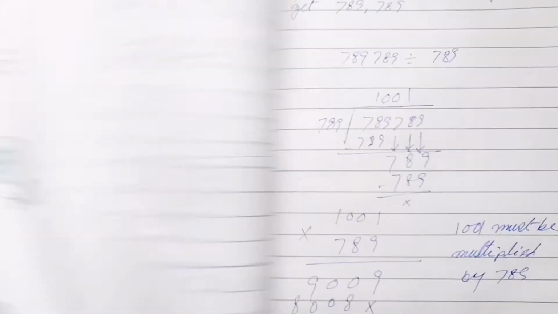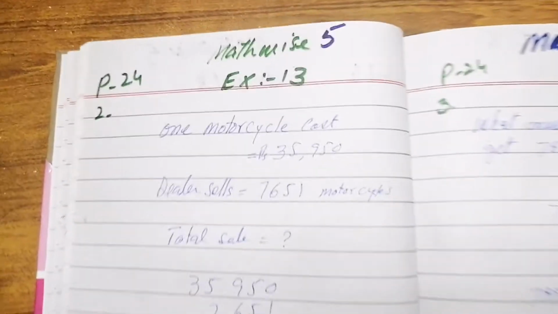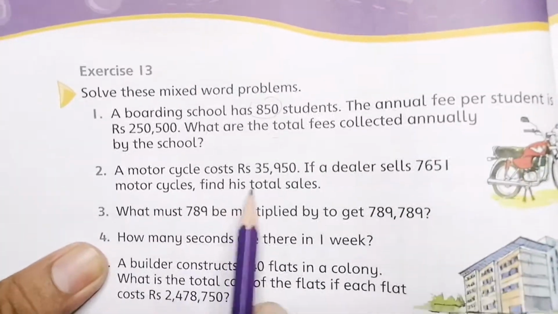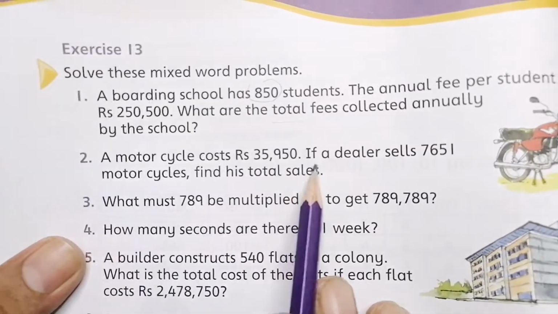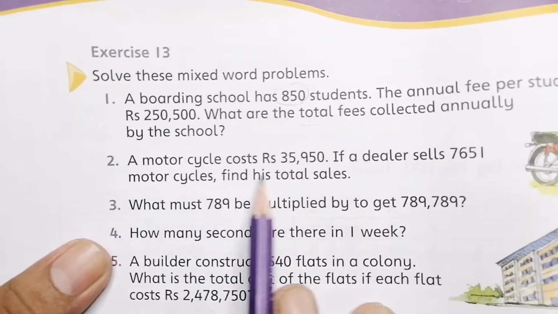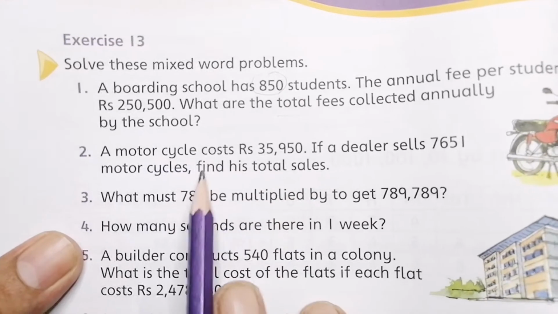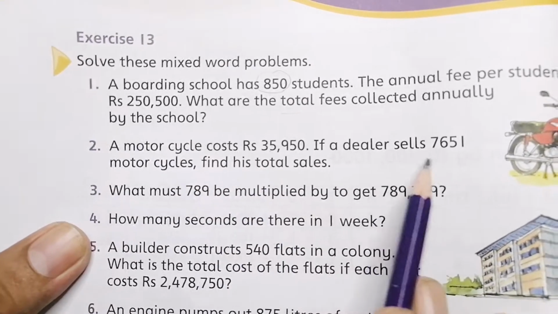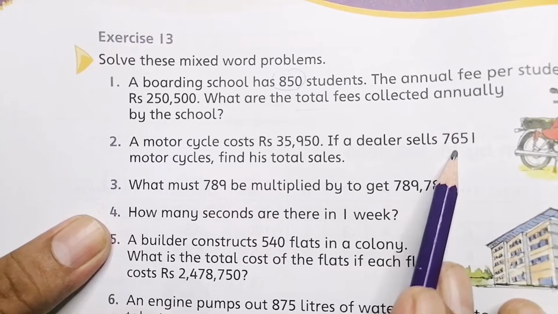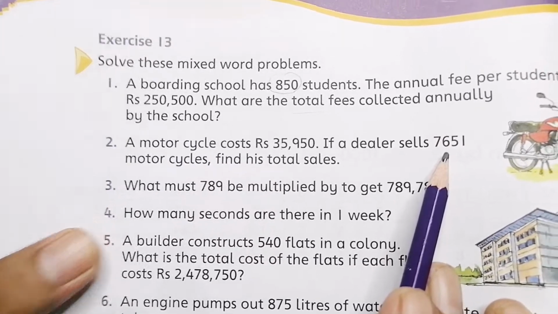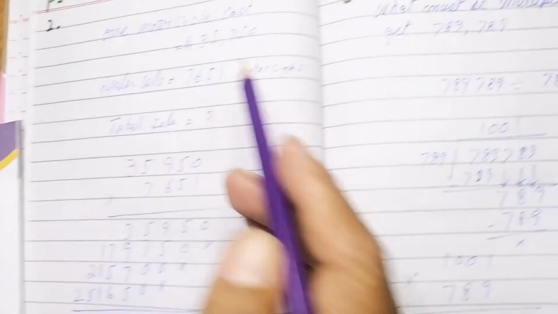So then question number 2 is there. Here we'll see a motorcycle costs 35,950 rupees. If a dealer sells 7651 motorcycles, find its total sale. So one motorcycle cost is this, and he sells 7,651 motorcycles. So we have to see what is the total revenue collected.